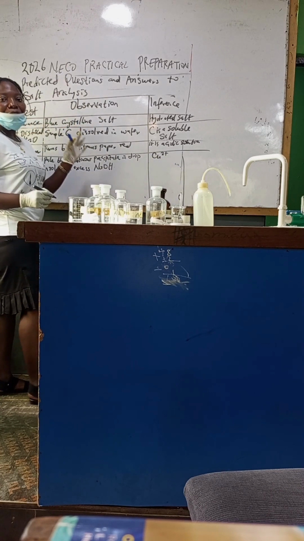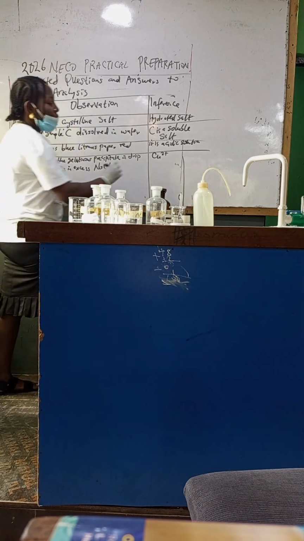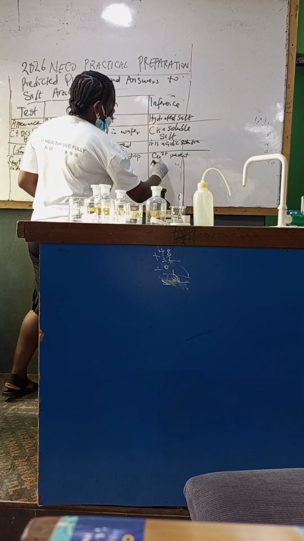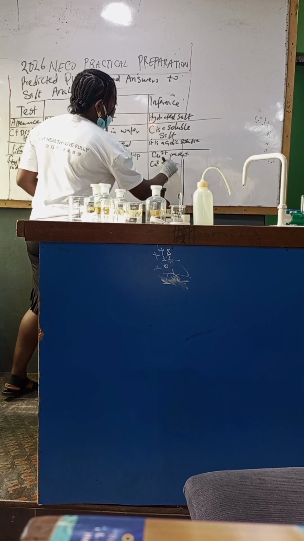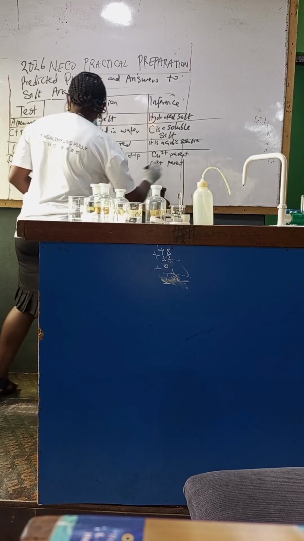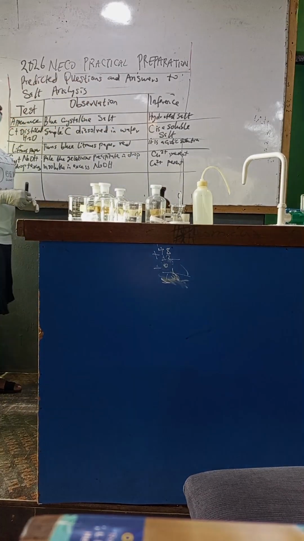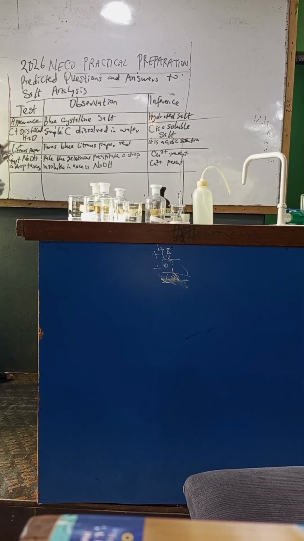So under that, you write copper 2 ion present. Then the next one, C equals. That means it is already a solution. You can write C solution or sample C solution, however you want.